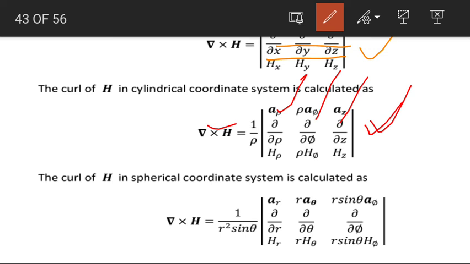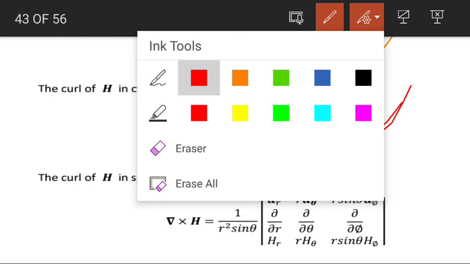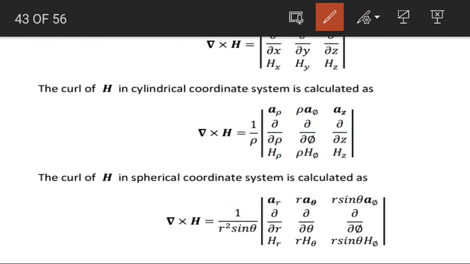In the second row, we have curly by curly rho, curly by curly phi, and curly by curly z. In the third row, we have H rho, which is the rho component of the magnetic field intensity, rho H phi, and then we have Hz. So we use this determinant to find the curl of the magnetic field intensity in the cylindrical coordinate system.